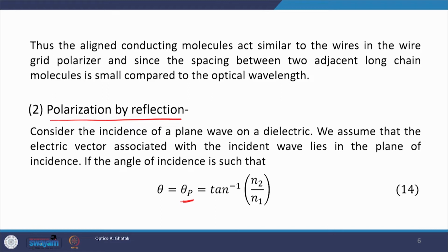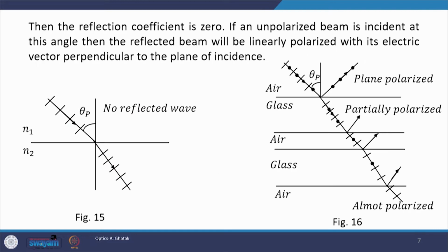n1 is the refractive index of the first medium, then in this case we get no reflection, because we have already studied that if the angle of incidence is equal to the Brewster angle, then for in-plane polarization the reflection is absent.